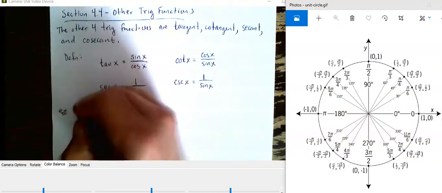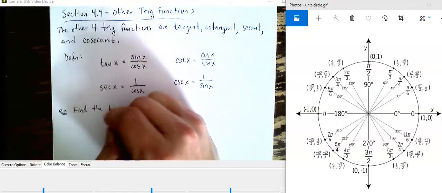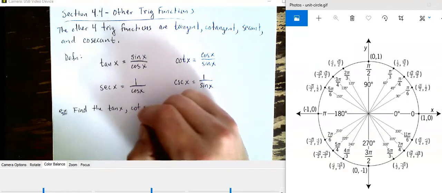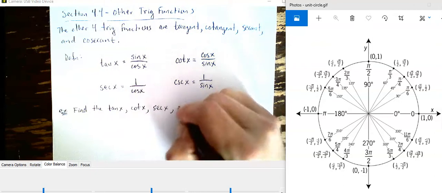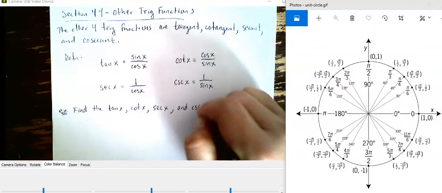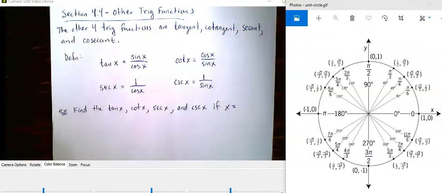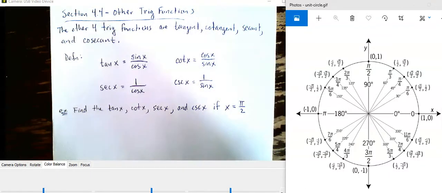Let's find the tan of x, cotan of x, secant of x, and cosecant of x if x equals, let's do first, pi over 2.